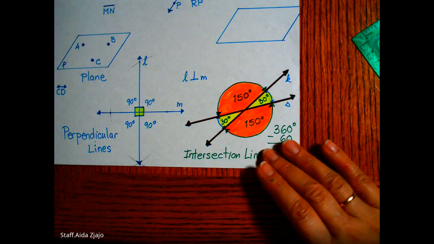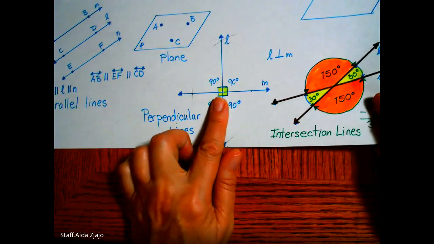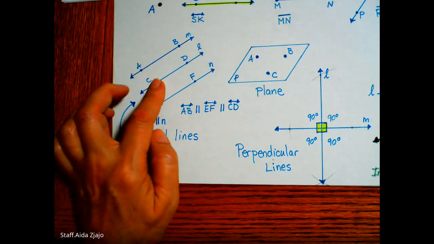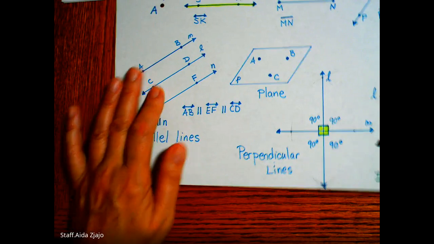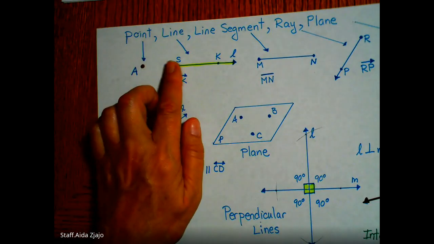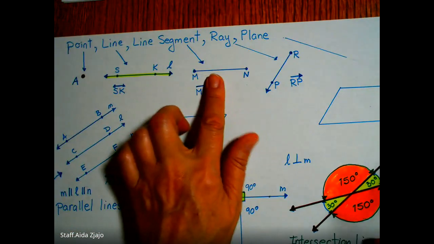Okay, so we did the intersection lines. We did perpendicular lines. We found what a plane is, what parallel lines are, and then we can also say what a point is, what a line is, what a line segment is, what a ray is.